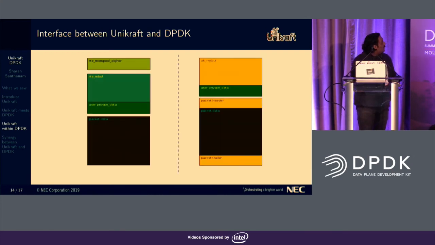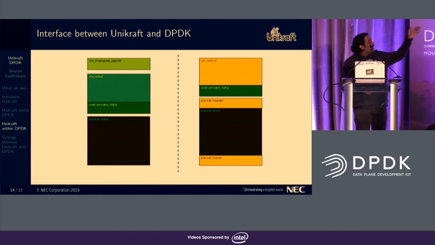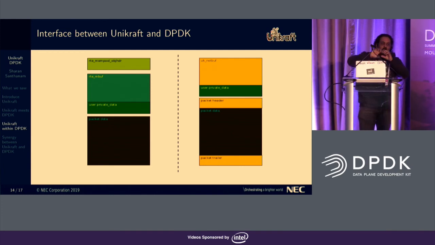So the structure looks something like this. You have the DPDK object header, then the mbuf, and then the payload around it. Similarly, in Unikraft we have a netbuf structure with private data around it, and then a leeway for adjusting the headers and trailers around a packet.